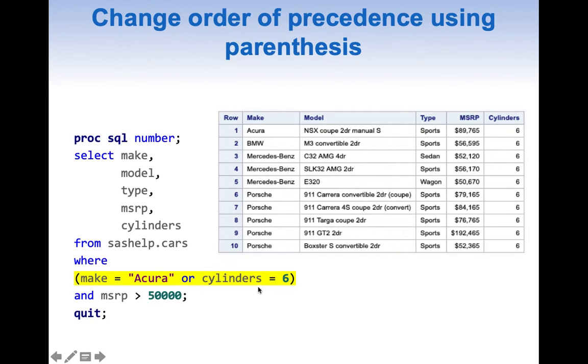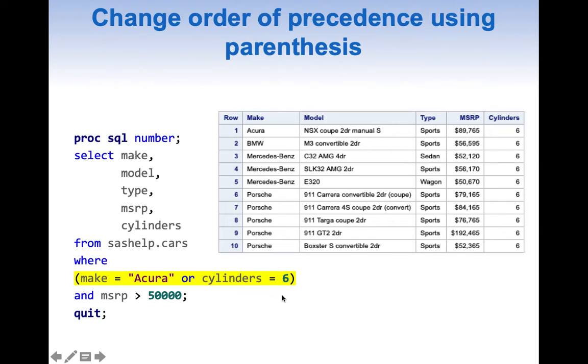When it was executed, the first part of the query was executed. If we got Acura, that is our condition in the bracket, it has 6 cylinders and the MSRP is greater than 50,000, so our AND clause also got satisfied, and we see the result here. The remaining results have the OR condition satisfied, the cylinder equal to 6.